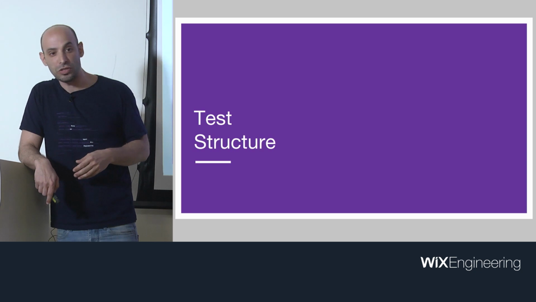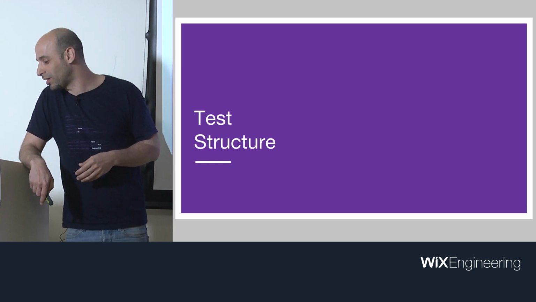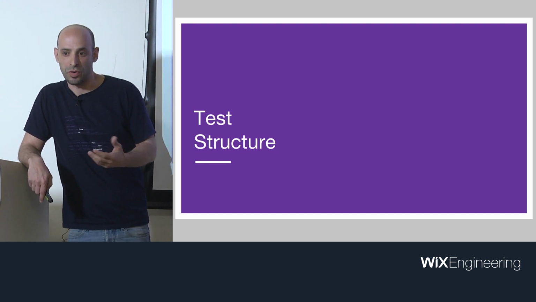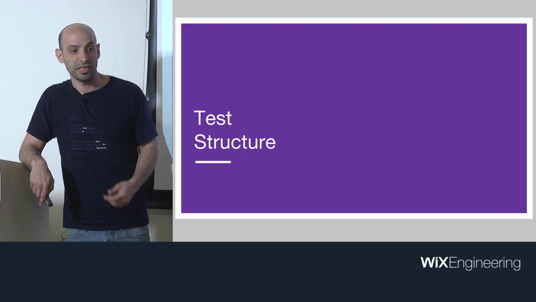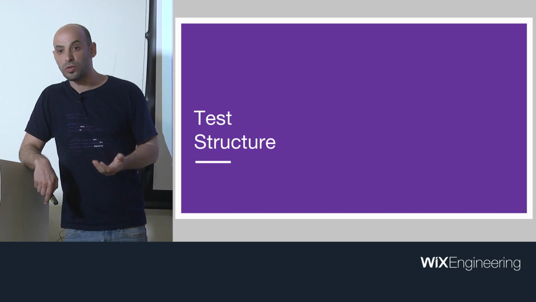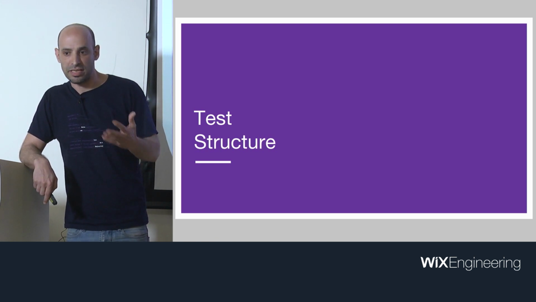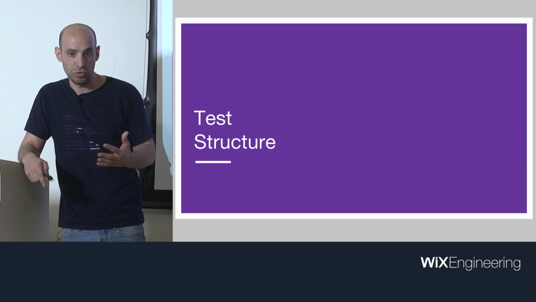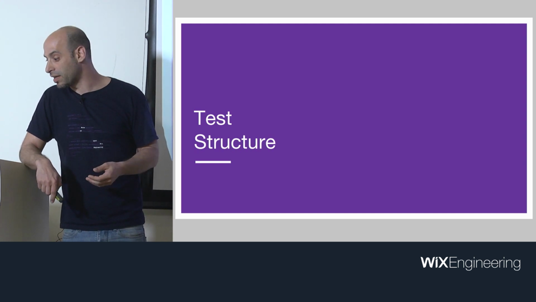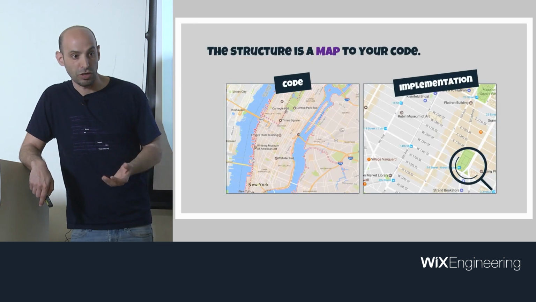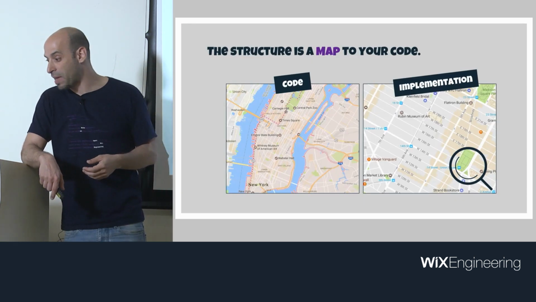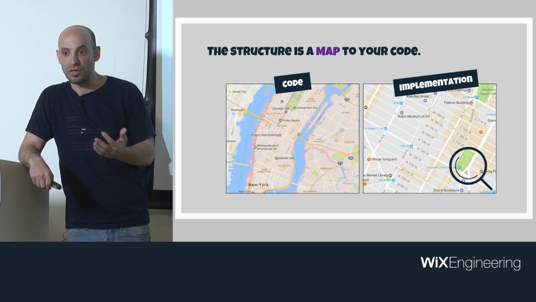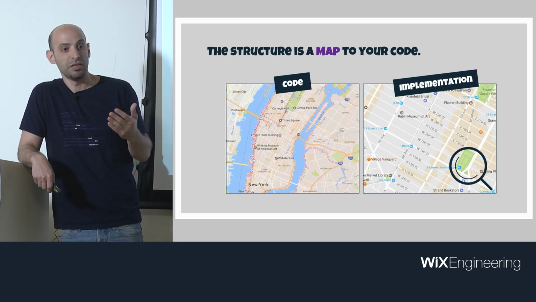So let's start. The first thing that we can talk about when we're looking at tests is the test structure. Why am I talking about test structure? Because test structure is the first thing that you see when you get to look at new code. When I think about structure in the concept of maps, the best example I can find is Google Maps.